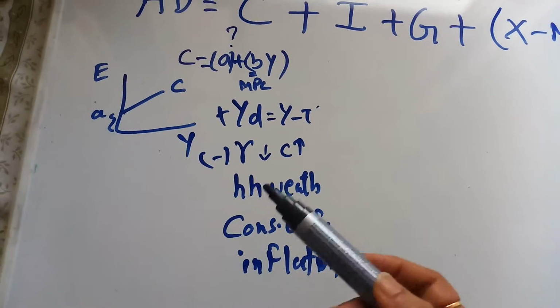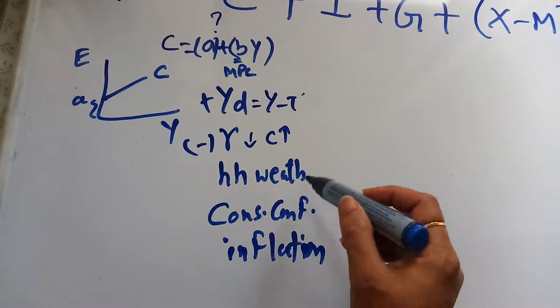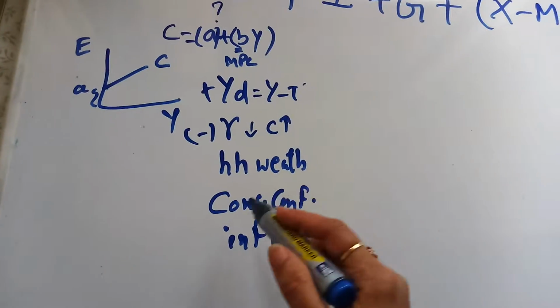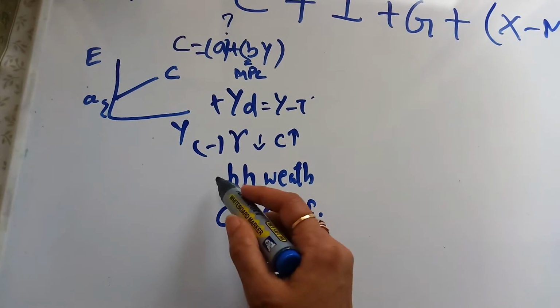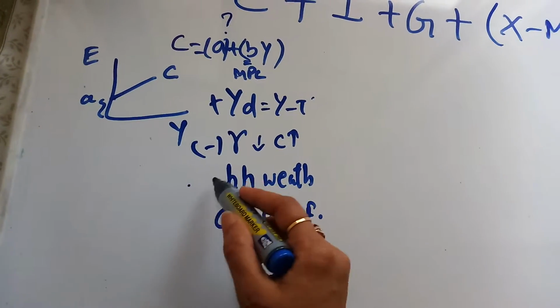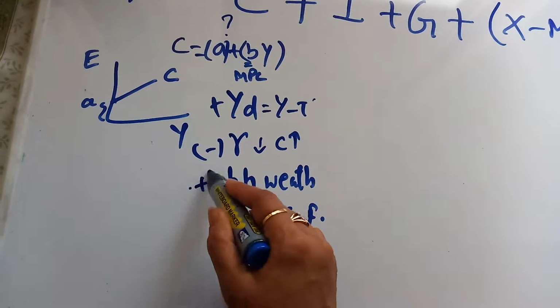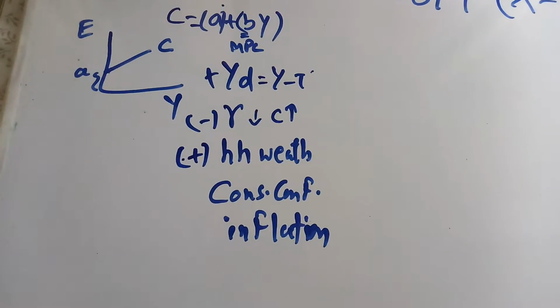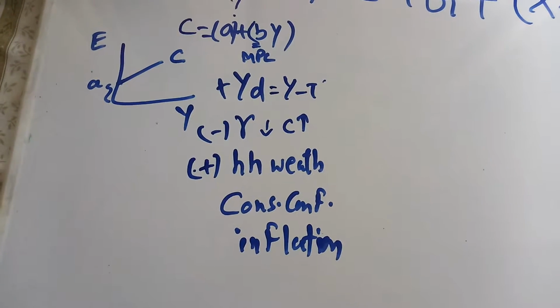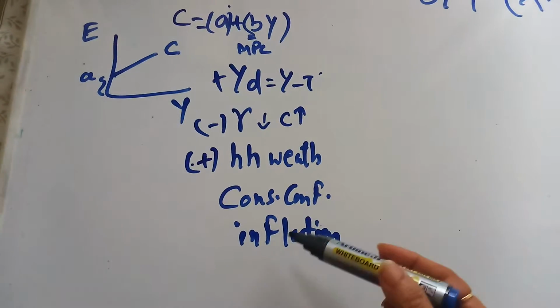Household wealth: if naturally people are rich, if they have more income at their disposal, they are likely to spend more. And thus they'll be more confident in terms of expenditure and increase their spending. So this is a positive relation. If the household wealth is less, it goes without saying, they'll be spending less. Consumer confidence.